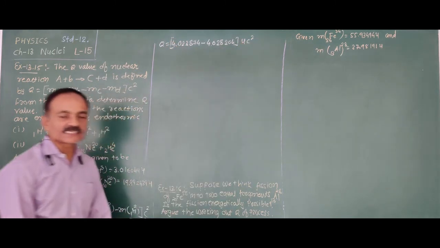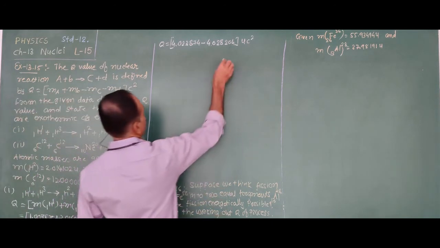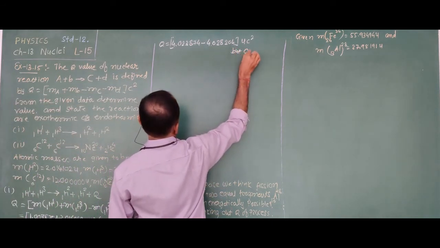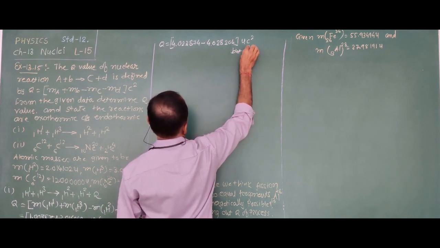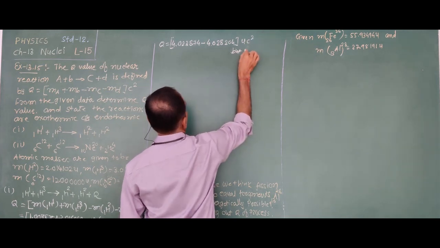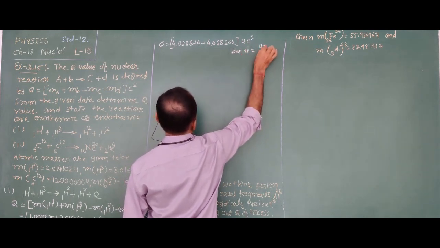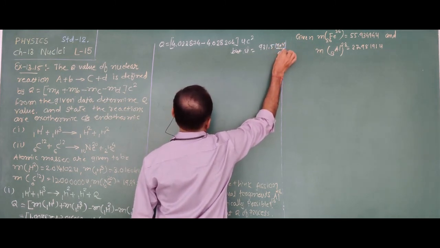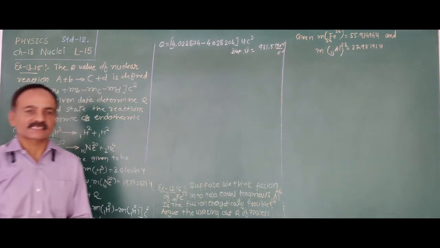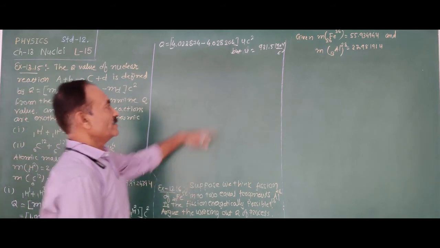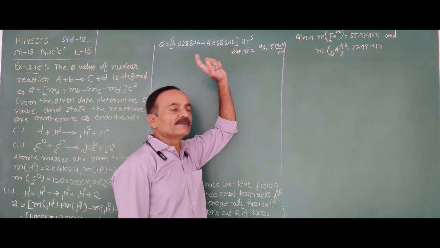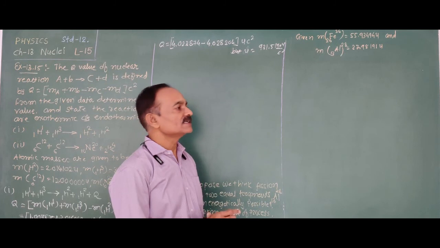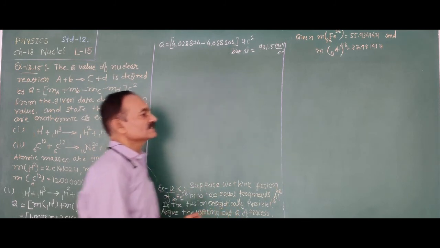Now we know that one atomic mass unit u is equal to 931.5 MeV upon c square. Already we did this relation. Here we substitute this value.